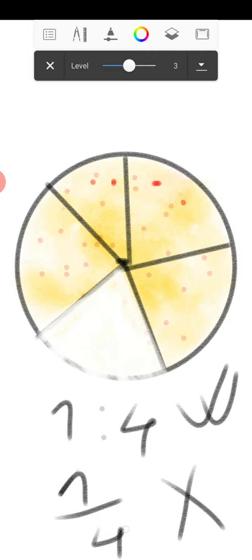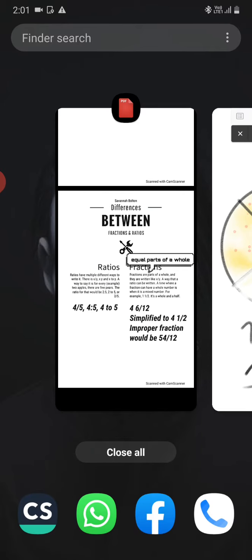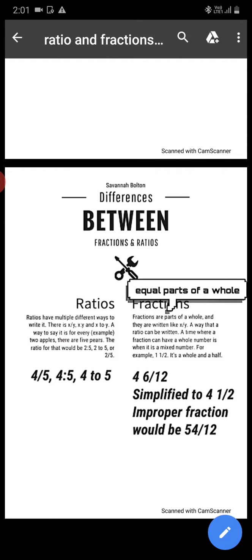As we can see, all the parts of the pizza are not of the same size. So if we take one piece out of the pizza, can we say that the rest of the pizza and the equal parts of the pizza are the same? No, we cannot say that, right? So if we go back to our previous differences, we can see that in case of fractions, the parts of the whole need to be equal.